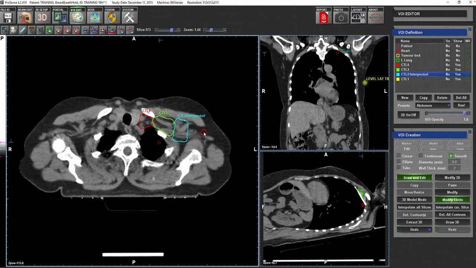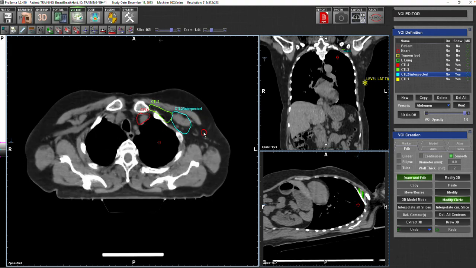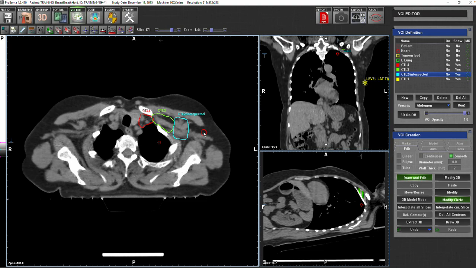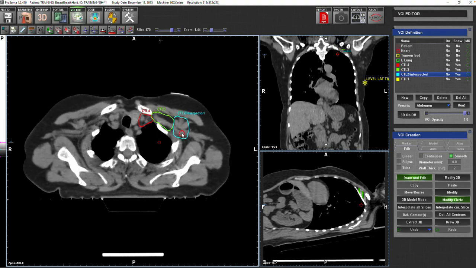Another note in the ESTRO guideline says you have to start level 1 centimeter below the head of the humerus. And this is a bit tricky, I have to say, because it's either that you draw it properly, just going by the vessels.